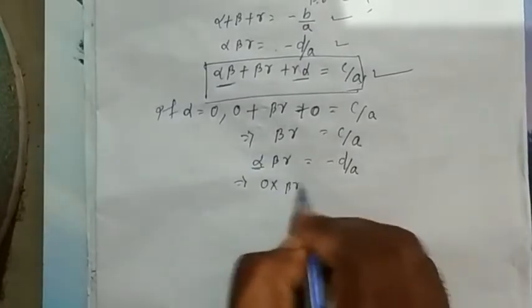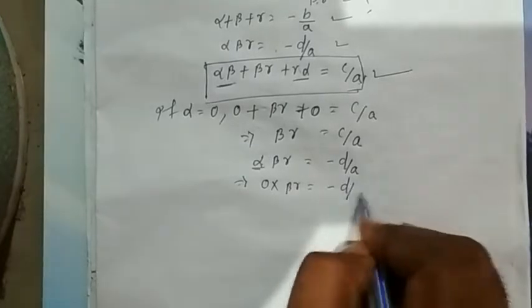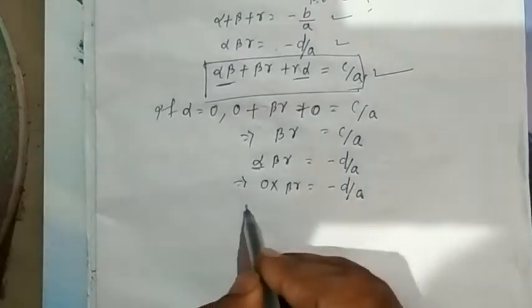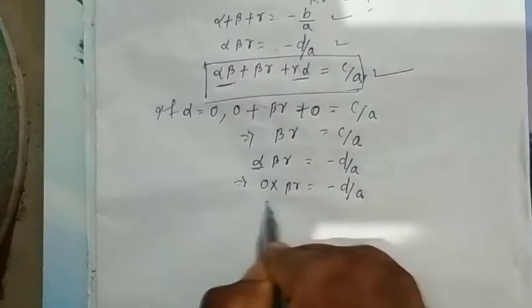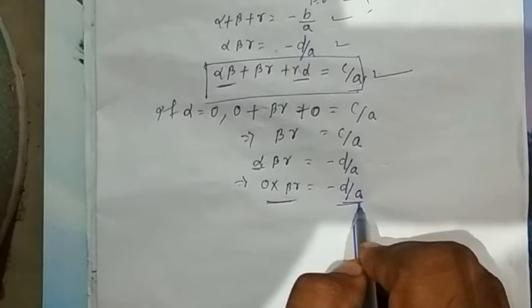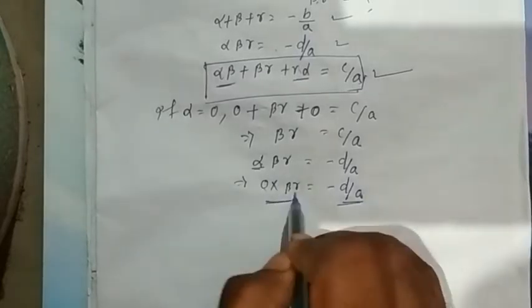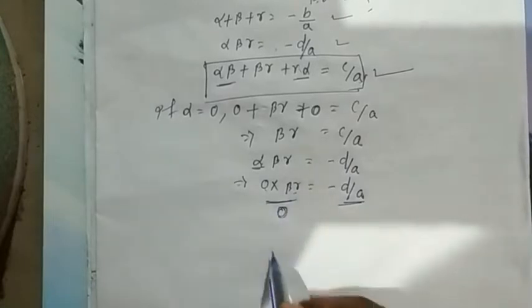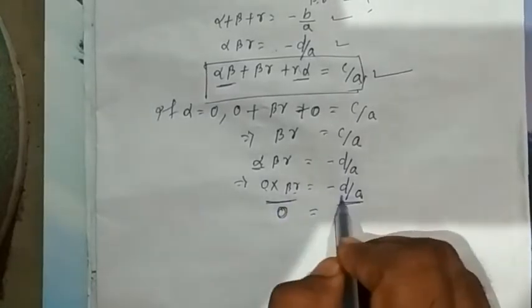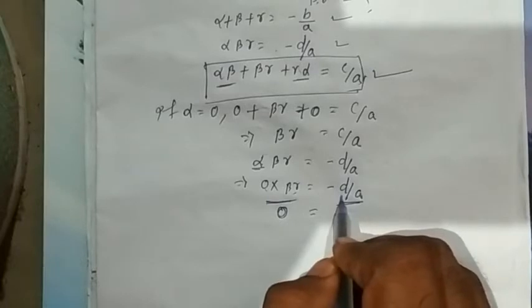So 0 into beta gamma is equal to minus d by a. That means here the left hand side can be equal to the right hand side. Try to understand, 0 into something you will get 0. Here my d value also can be 0.